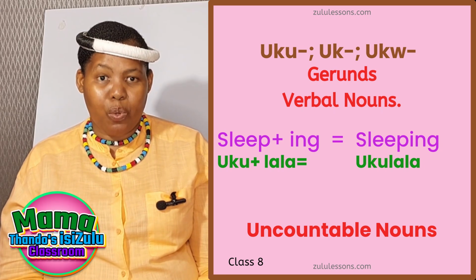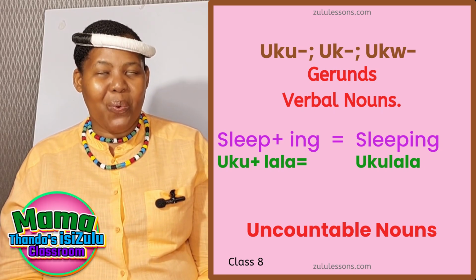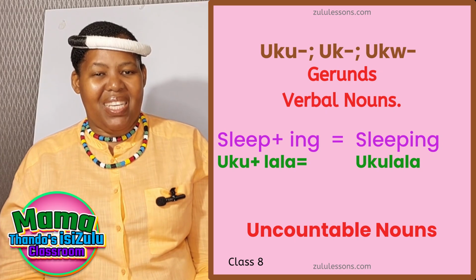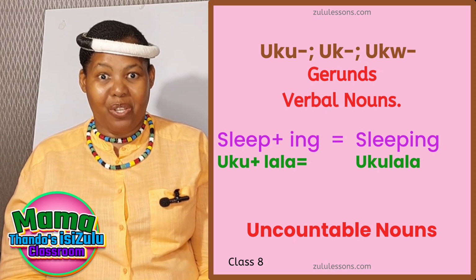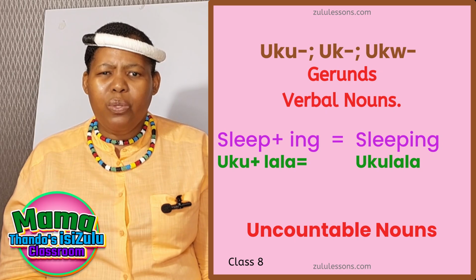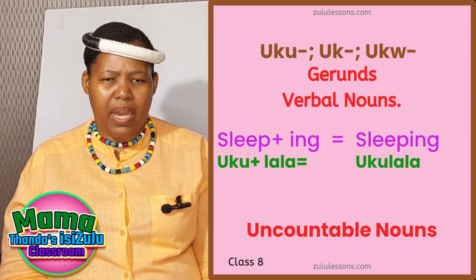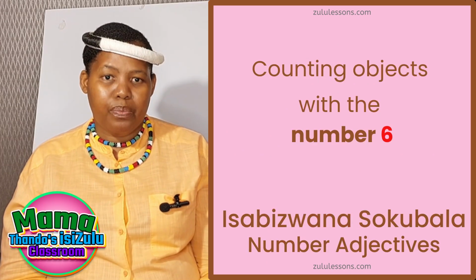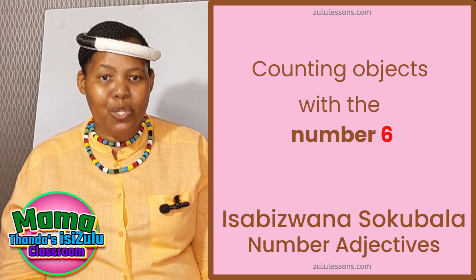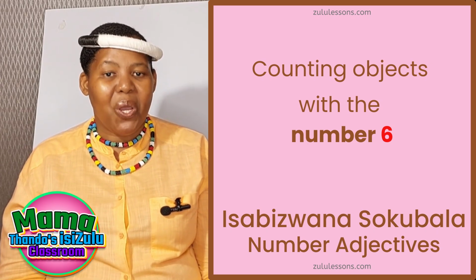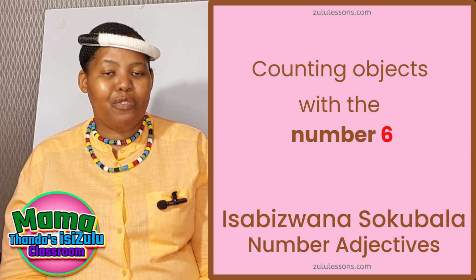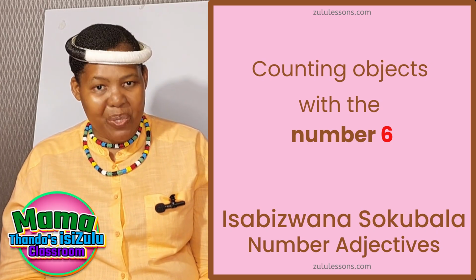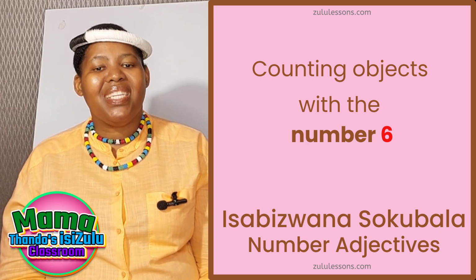You see, I'm trying so hard to force it. Ukulala okumbili. It's so weird. Actually, let me stop. So, those things just cannot be counted. But now you know how to count all the other different types of nouns that are countable using the number 6.